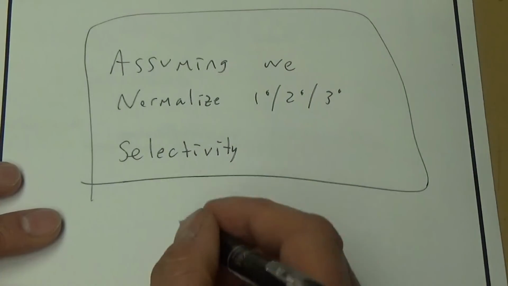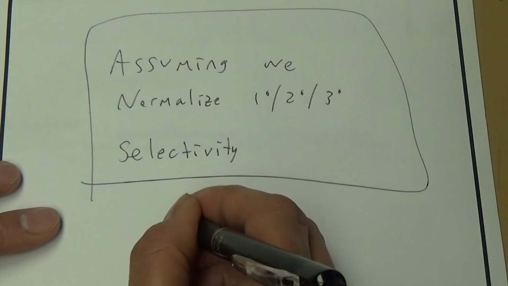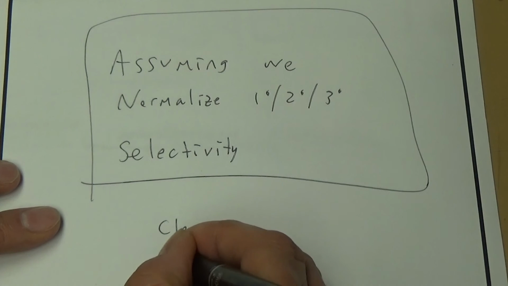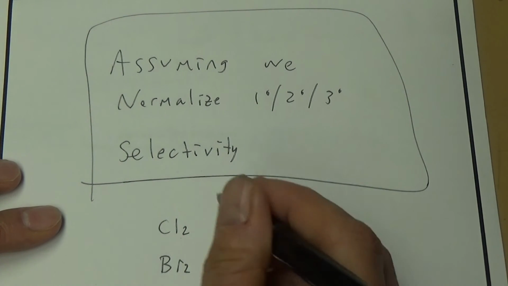These are magic numbers, and I would give you these on quizzes. We're going to consider chlorine versus bromine versus fluorine in this order.